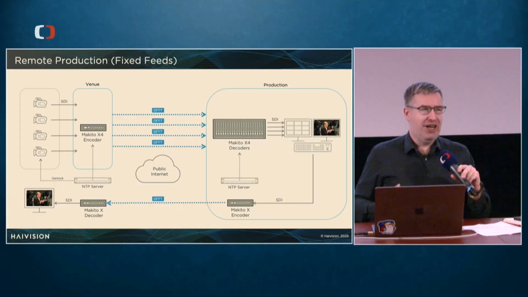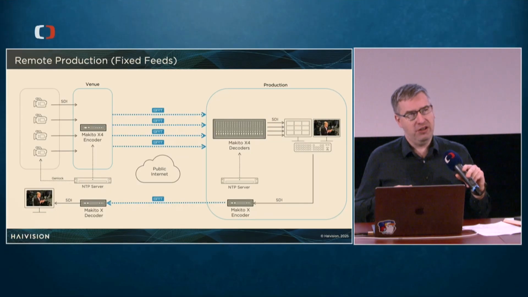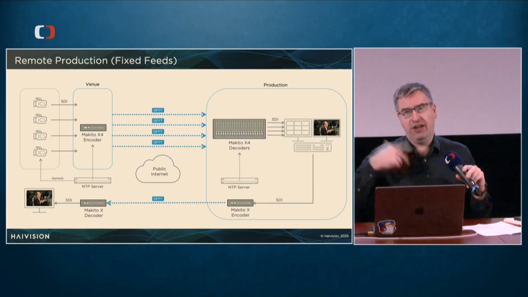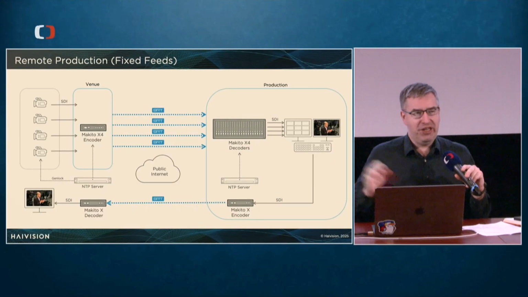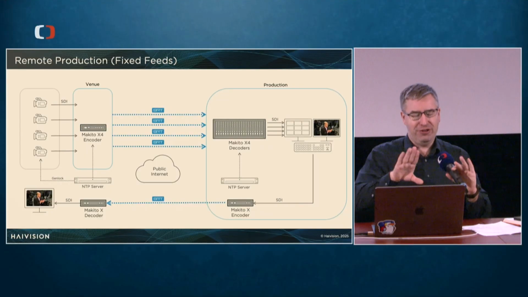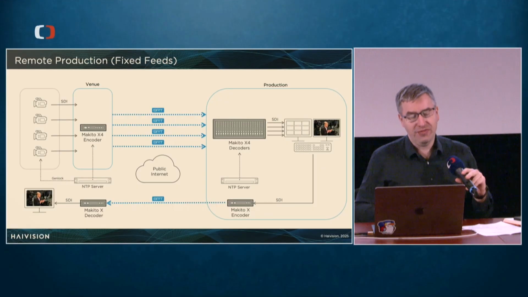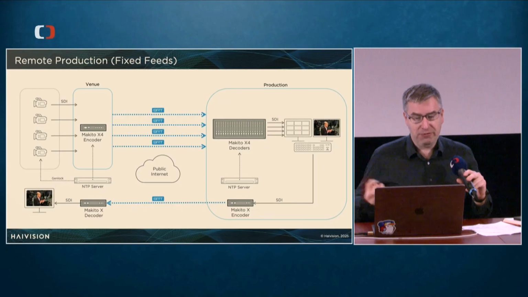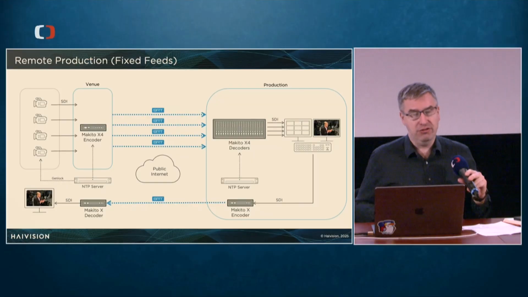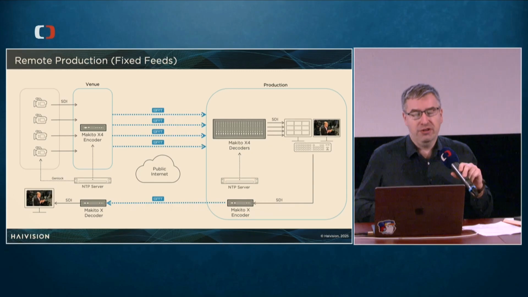Yeah. So some customers have tried to use this type of setup for sending graphics, fill and key. But for me, it's like, no, that's not good, because you still can have a variance in that. But just for camera angles, ISO feeds, we are seeing it used quite a lot.